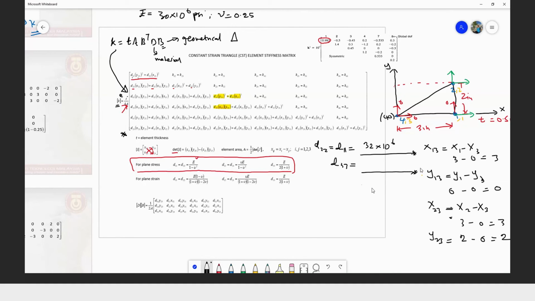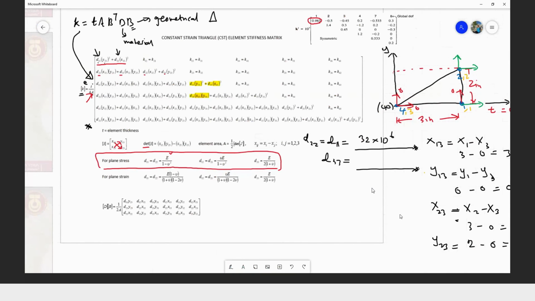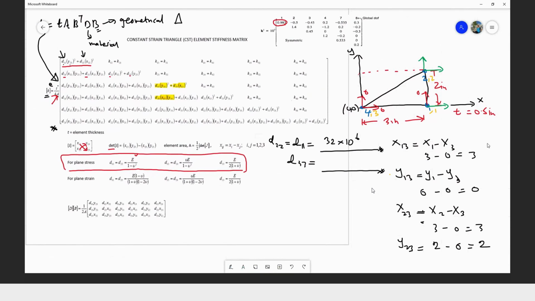Okay, Ali Akila has checked. What about D33? Because we need to use D33 here. We just calculated D11 and then we need D33. So D33 is 12 times 10 to the power of 6.